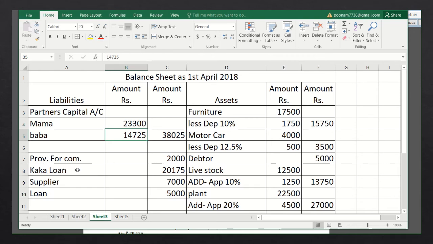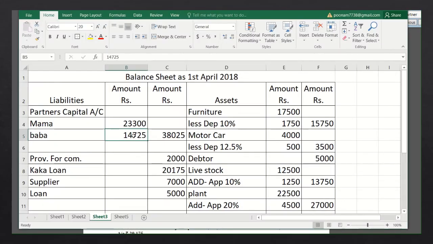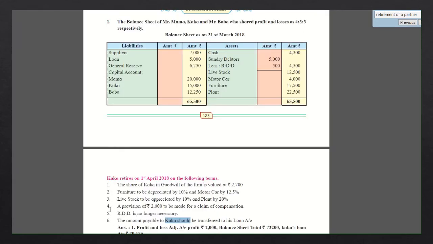Okay students, now we have to see what other things are there on the liability and asset side which we have not written. Suppliers 7,000. After writing Kaka's loan account, one more adjustment I think we forgot: adjustment number 4. They have given a provision of rupees 2,000 to be made for the claim of compensation. So it is just like RDD. They have made the provision, meaning they have reduced the profit.